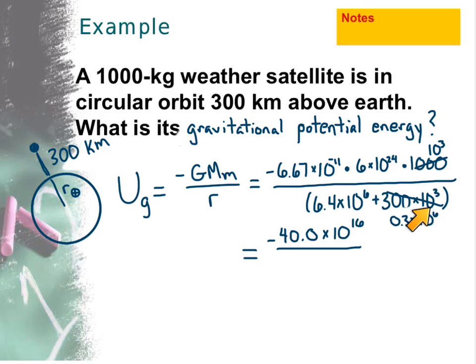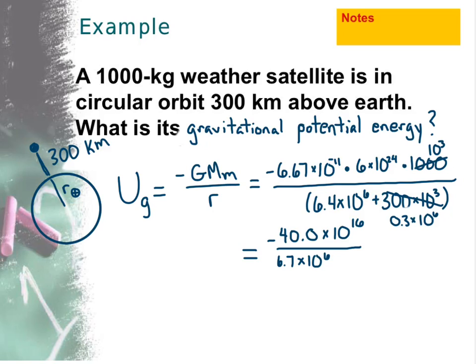If you're not convinced of that, you move this over 3 decimal places, 1, 2, 3, and those 3 additional decimal places give me 10 to the 6. So I have 0.3 times 10 to the 6th. Now that I have the same exponent, I can add these together. If I take 6.4 plus 0.3, I get 6.7 times 10 to the 6th.